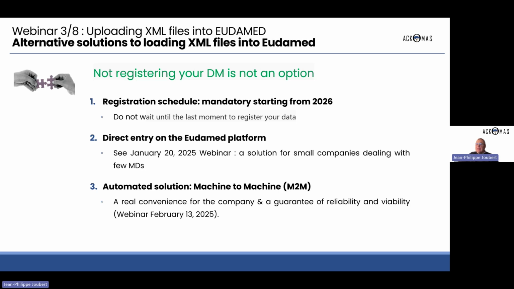But we will see in the coming webinars that behind the term machine to machine, there are many things, and sometimes behind the term M2M you can have not real machine to machine, but XML file upload, so manual stuff.